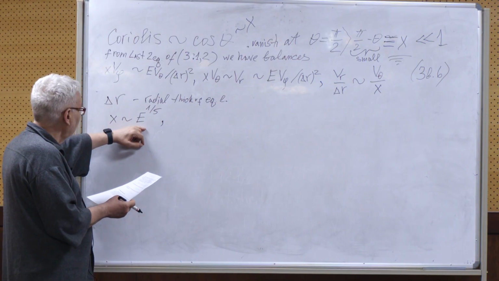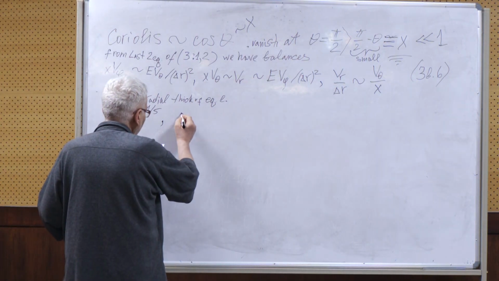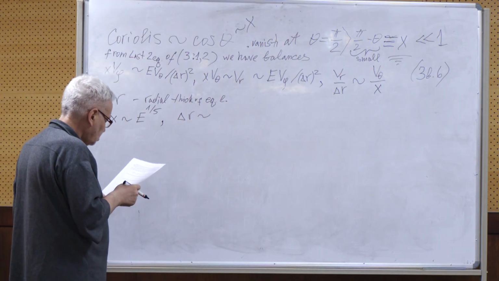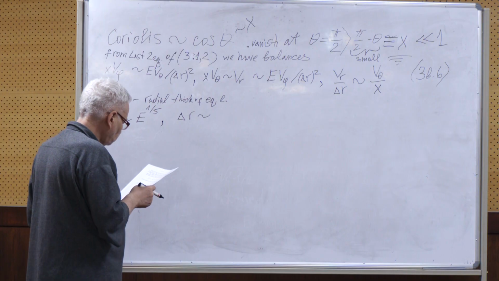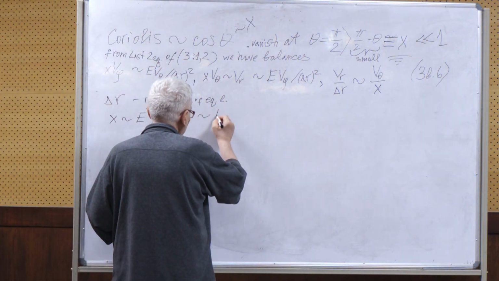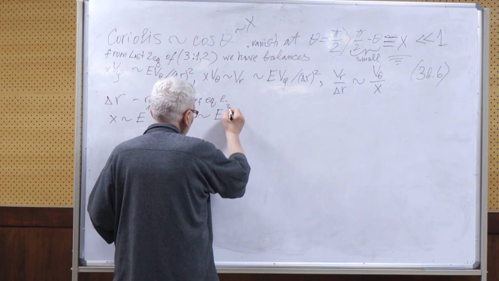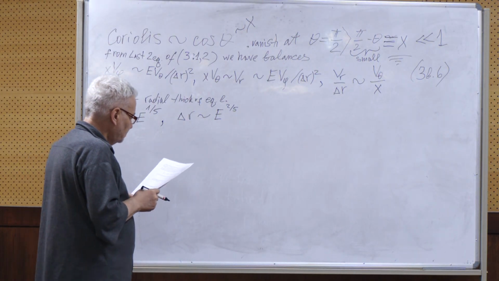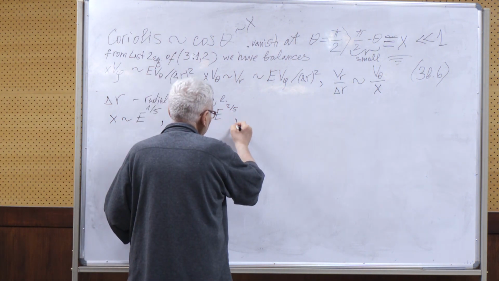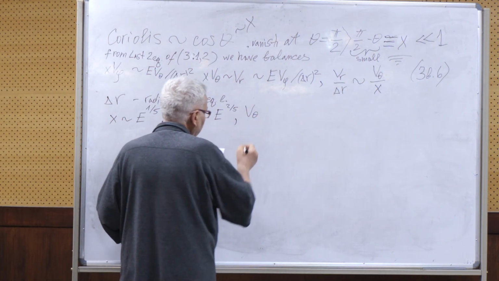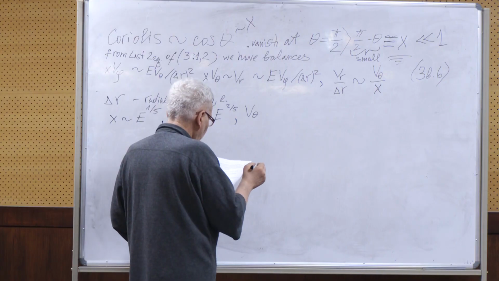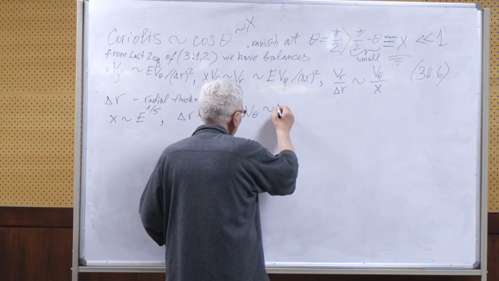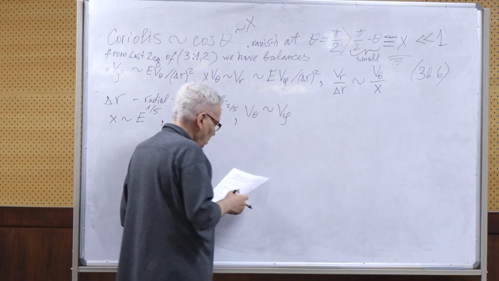And the width of this layer is of order E to the 2/5, and then the latitudinal velocity, in this case when the Coriolis force is small, is of order azimuthal velocity.